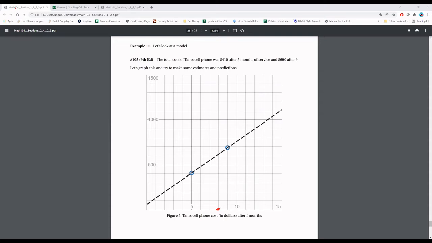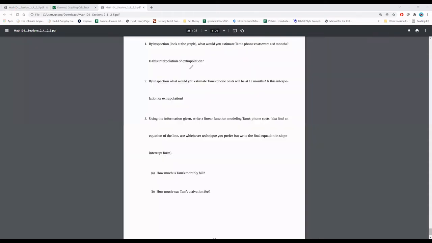I'll just come up to the graph and have a little look. What does that appear to be? It appears to be approximately 600. So I would guess that Tam's phone costs after 8 months were somewhere around $600.